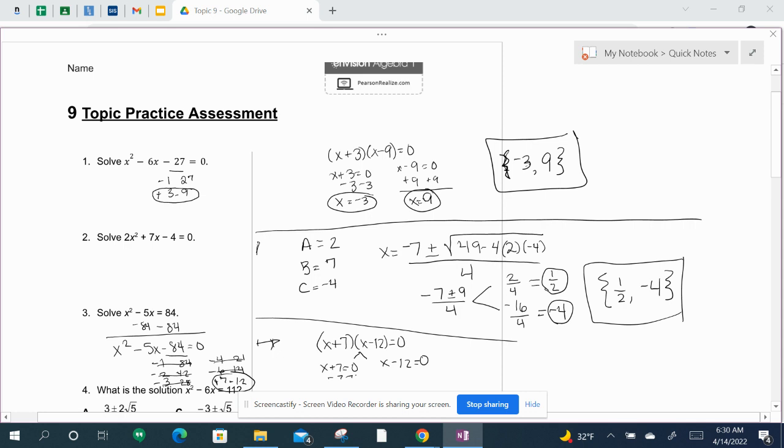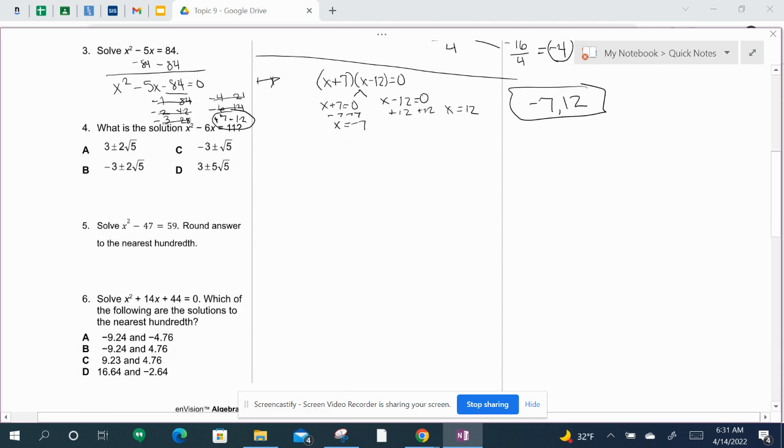And solving then, I get that x could be negative 7, or over here I get that x could be positive 12. So the two answers I get are negative 7 and 12. Again, you could use the quadratic formula on this one. It wouldn't be too hard to try that out as well.